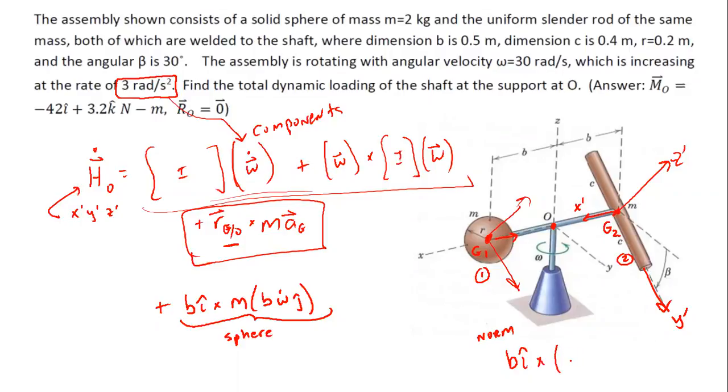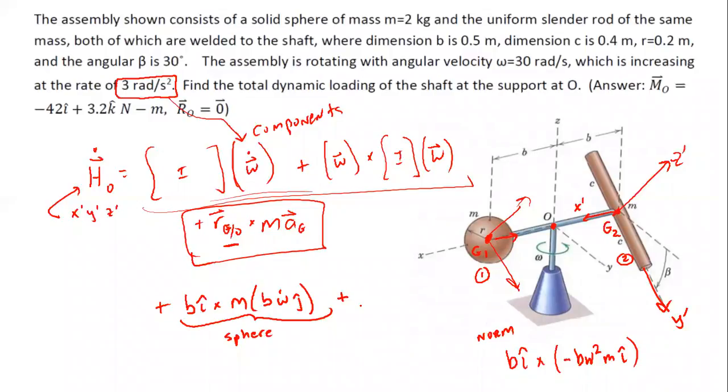Yeah, it goes back in towards there. So this would be a minus, and it's going to be B omega squared times M, but that's going to be in the I direction as well. So I cross I is just 0. And in this case, they actually would also offset each other, because they're the same mass and they're the same distance away. Okay, so this is the sphere.